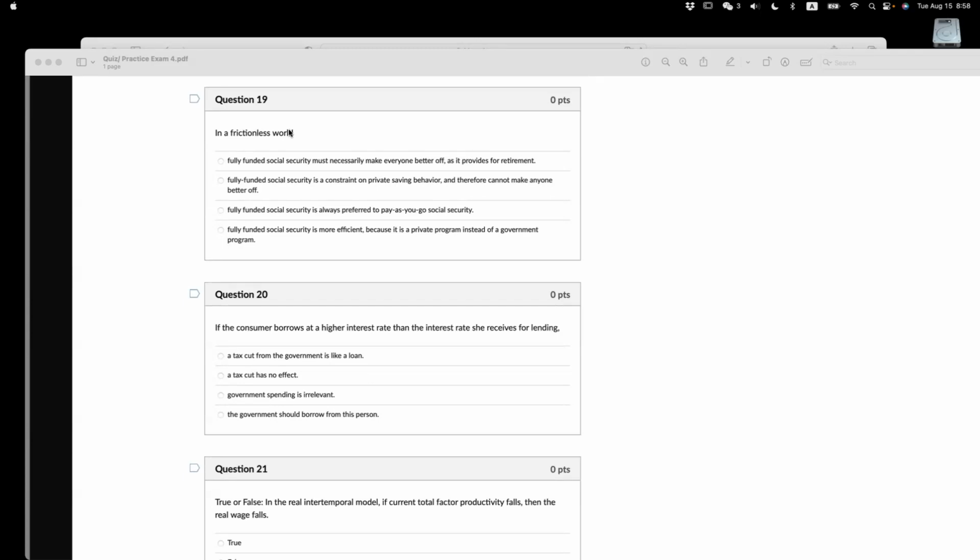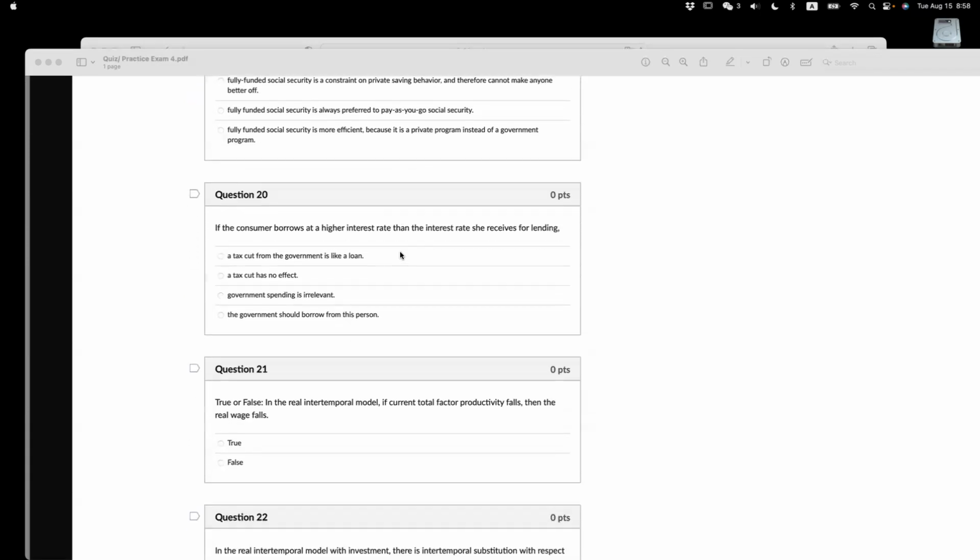Or households may not be able to borrow at the same rate as the saving rate, or the saving rate and borrowing rate are different due to some other financial friction. Okay? If there's no such friction, then any constraint on private saving behavior is going to be a distortion. It's going to potentially reduce welfare or well-being.